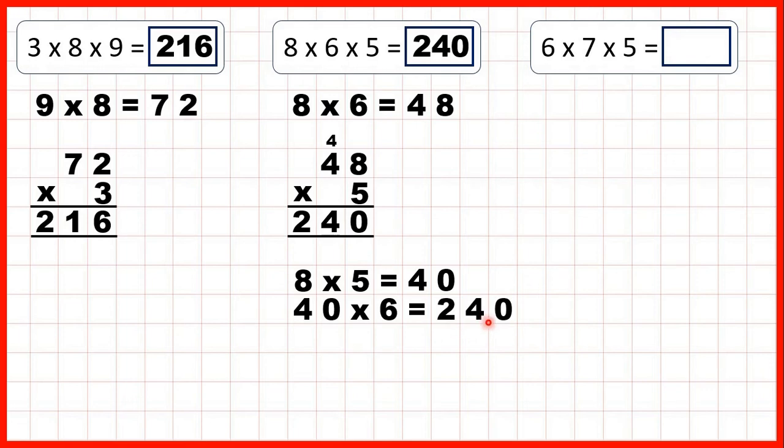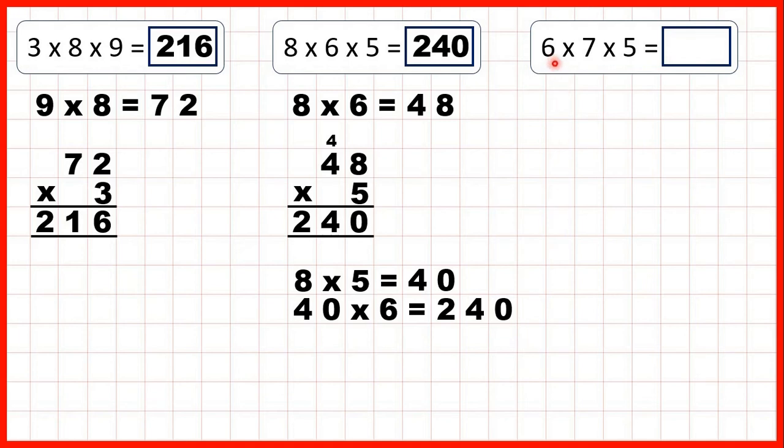Our answer is 240, because 4 times 6 is 24, and if we have an end zero in a multiplication question, we will have an end zero in our answer. So it's quicker to see if any numbers multiply together to give an answer with 0 ones, because then we don't need to use column method, we can work our answer out mentally.